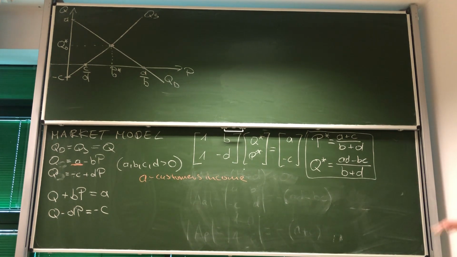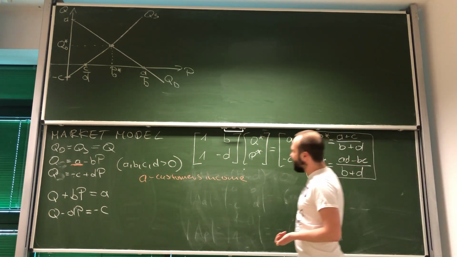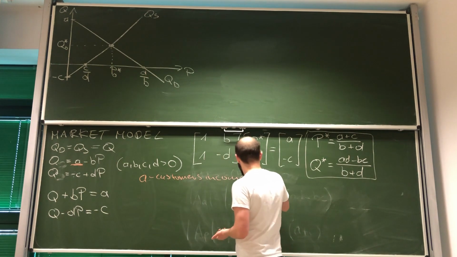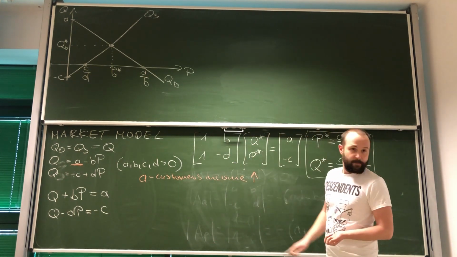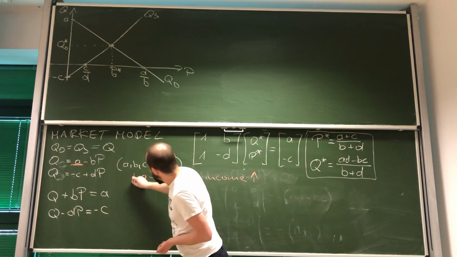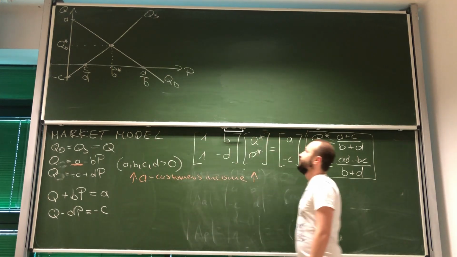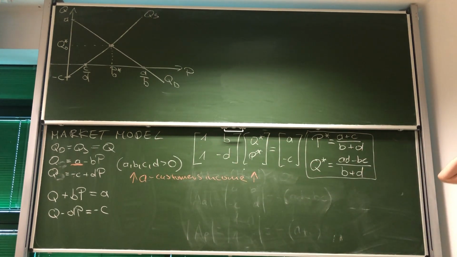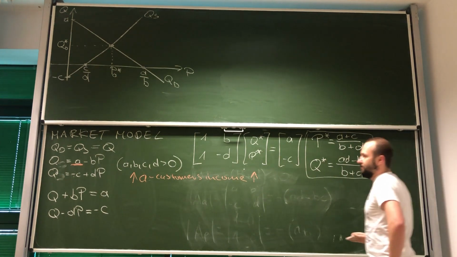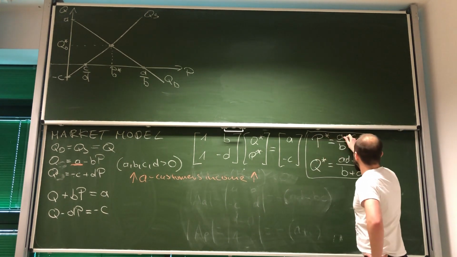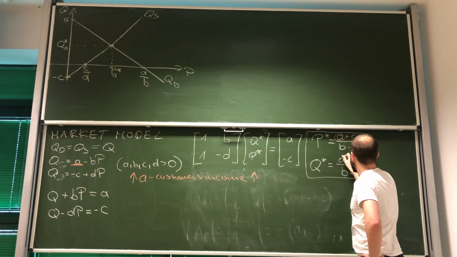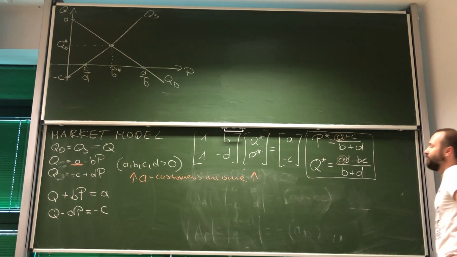Okay, so look, what we get is that if customer's income goes up, we should have that A is going up. And look, this A appears in our equilibrium solutions, right? We've got it over here and over here.